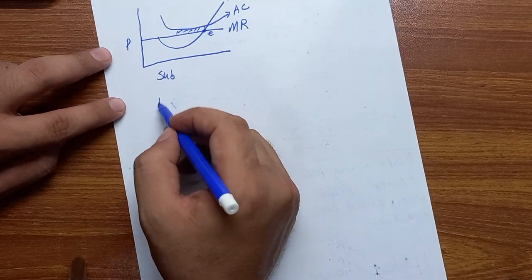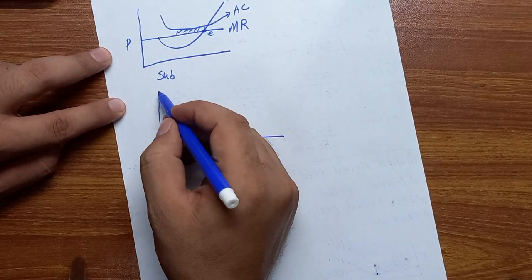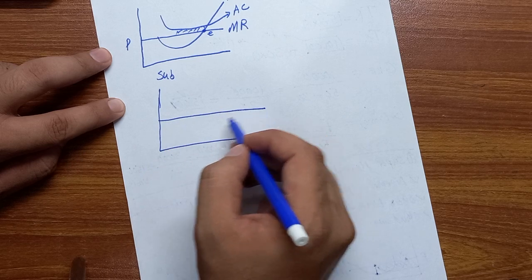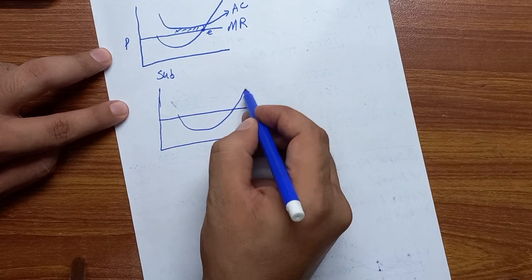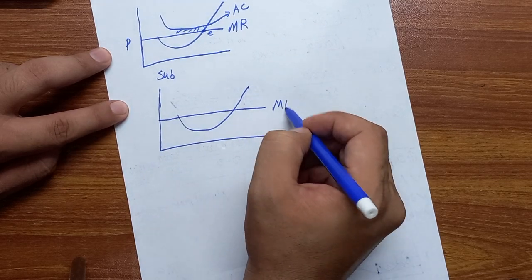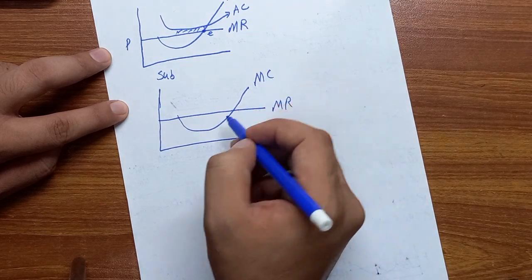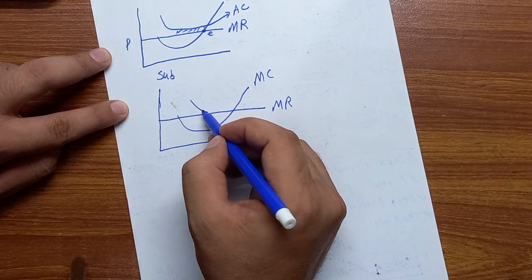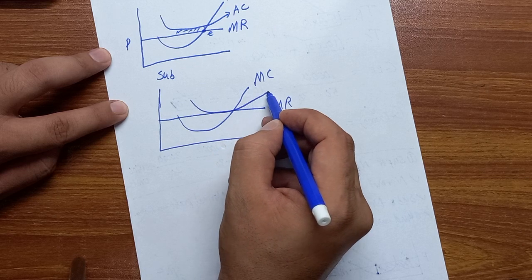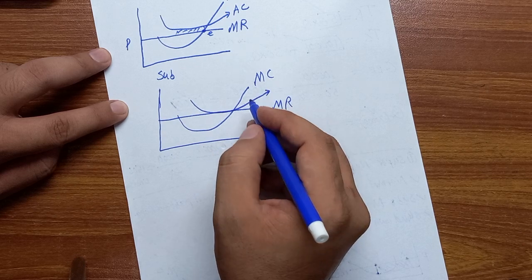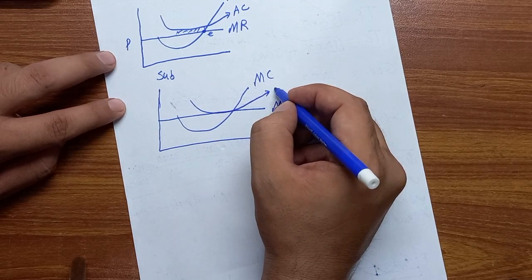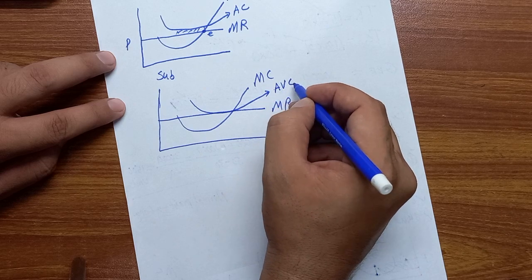In shutdown, the graph is the same as above. This is MR, this is MC, and the curve passes through the point like normal profit, but here we write AVC.